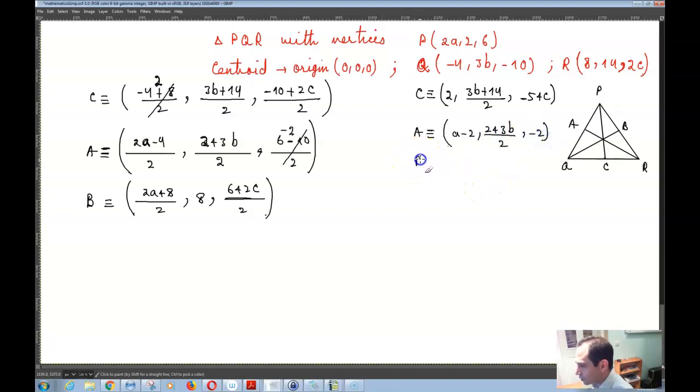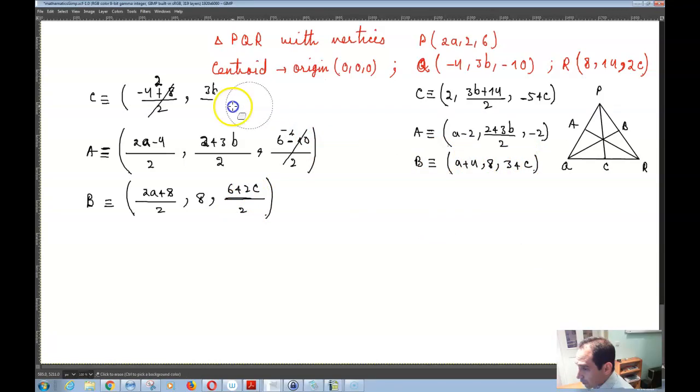And the coordinates of B would be a plus 4, 8, and 3 plus c. 6 divided by 2 is equal to 3, 2c by 2 is equal to c.